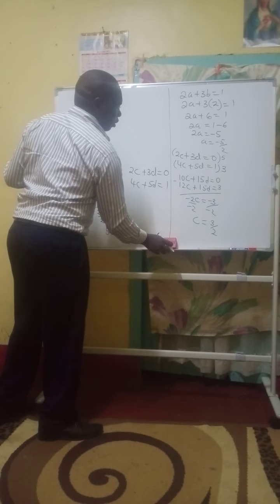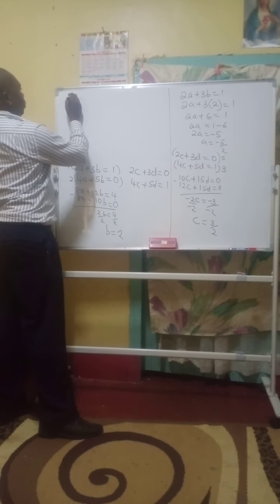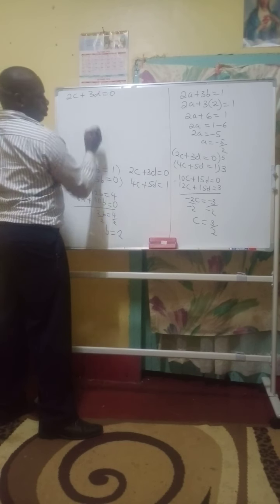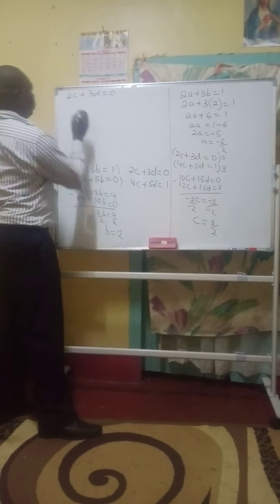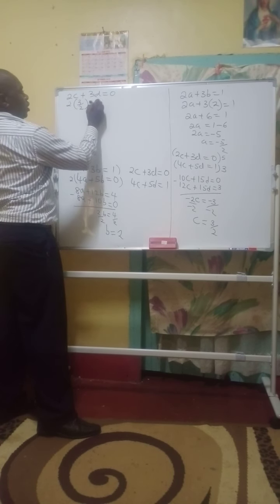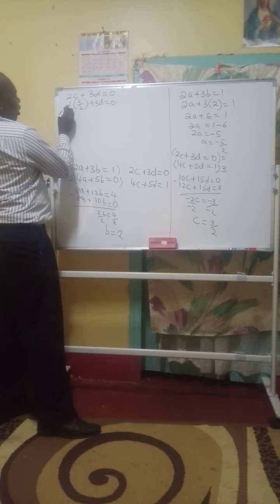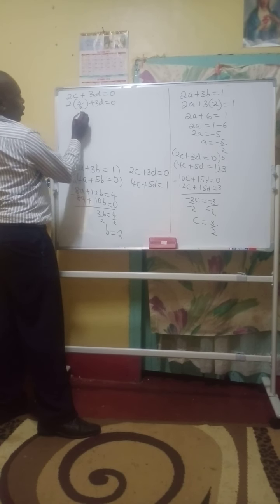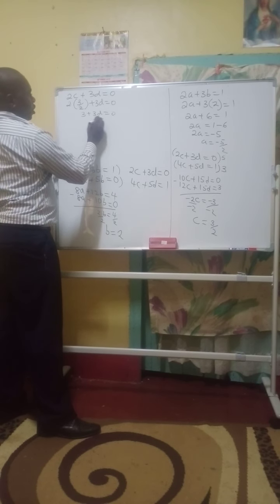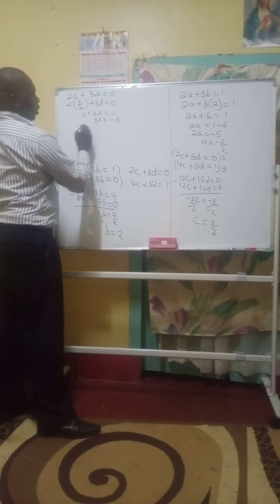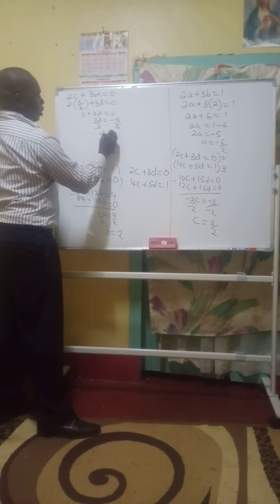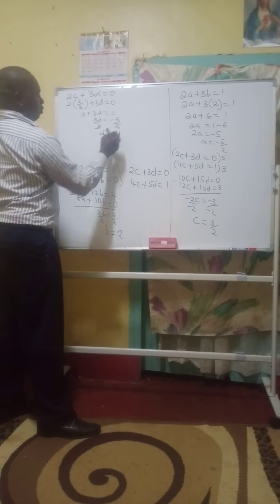I pick the first equation, 2C plus 3D gives us a 0, but my C is 3 over 2, so I'll have 2 into 3 over 2 plus 3D gives us a 0. Remember, this one multiplied gives us 3. This is 3 plus 3D is equals to 0, and 3D is equals to negative 3. So divide through by 3 to get D, and our D is equal to negative 1.